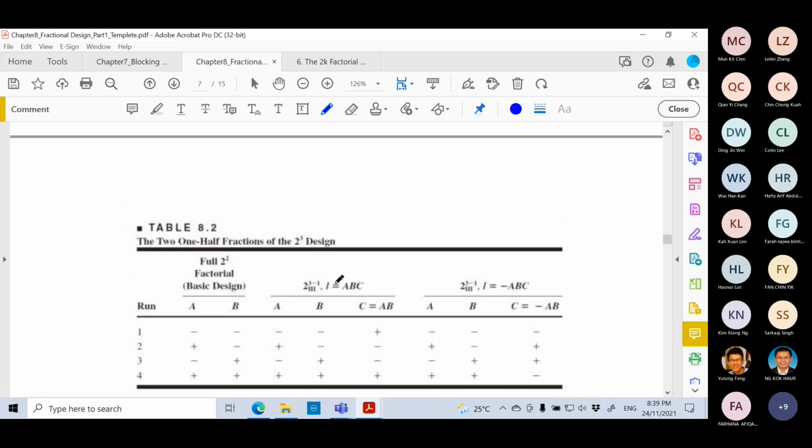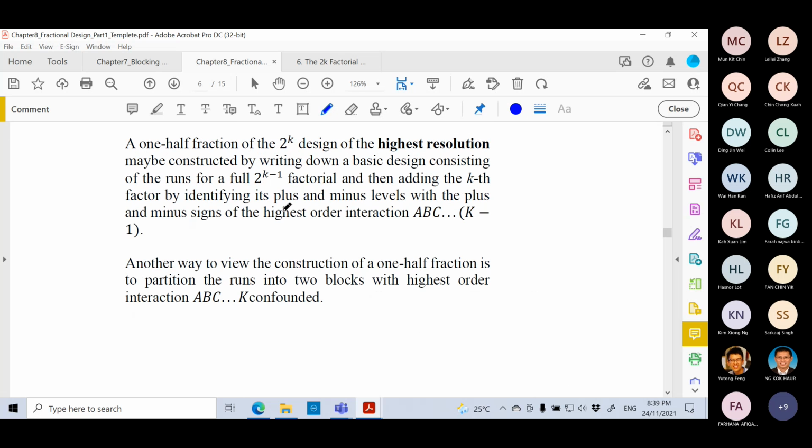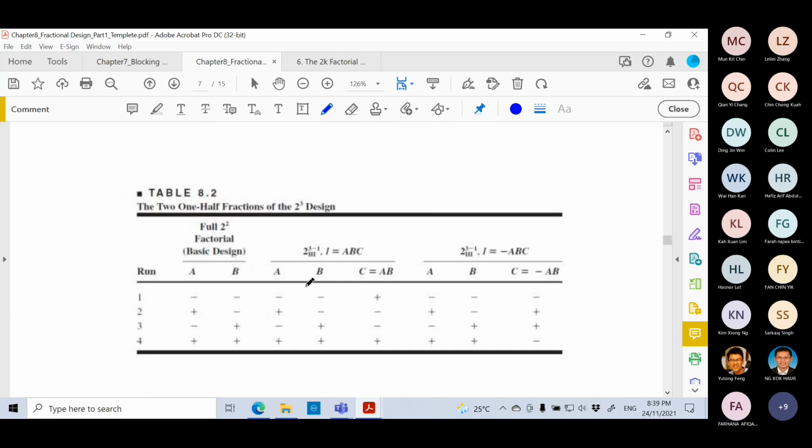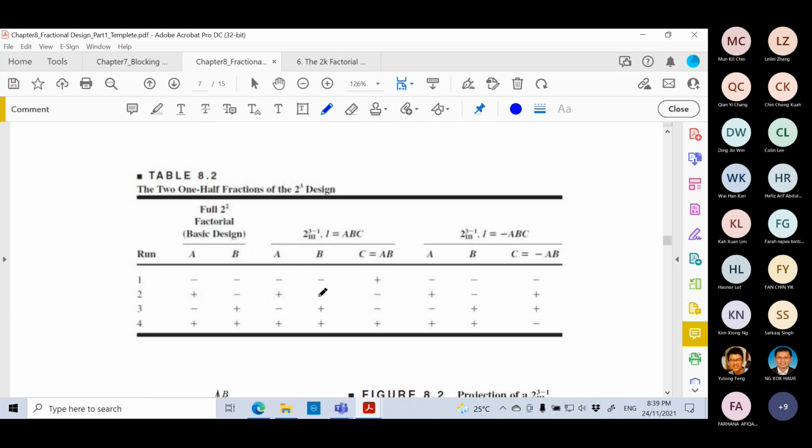I will show you how you get out your resolution, and then how you get out which are the treatment combinations you are going to run. You have one half of them.